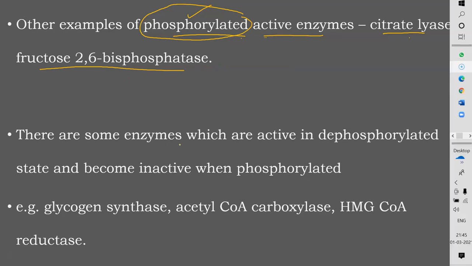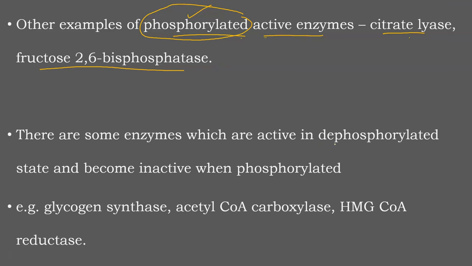There are some enzymes which are active in the dephosphorylated form and become inactive when phosphorylated. Examples are glycogen synthase, acetyl-CoA carboxylase, and HMG-CoA reductase.